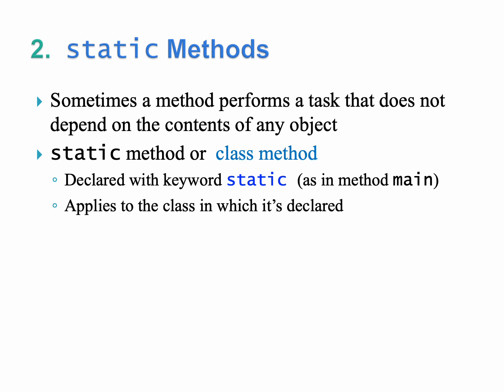Recall that static methods, such as the pow method of the Math class, can be called on a class rather than an object. A static method is declared with the keyword static, as in the method main, and applies to the class in which it is declared.